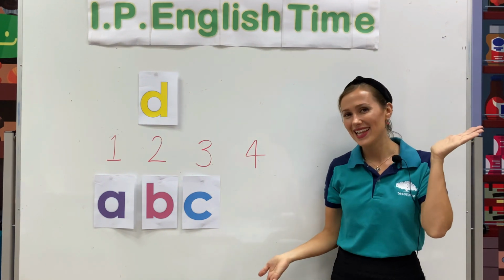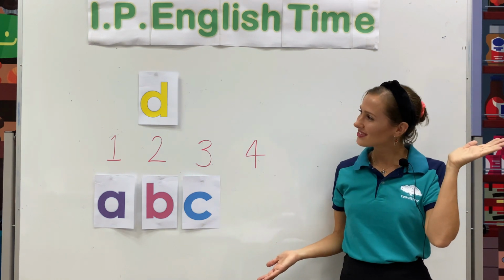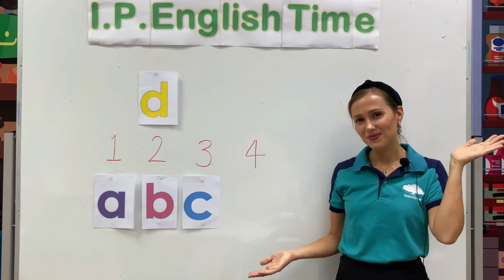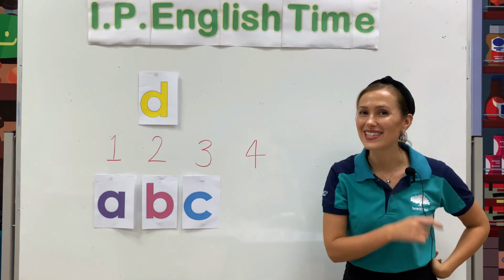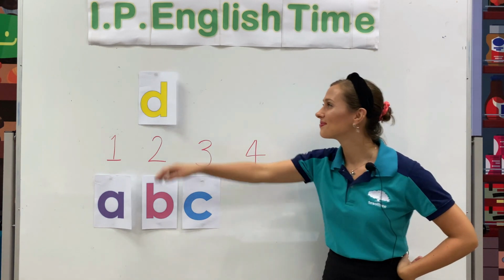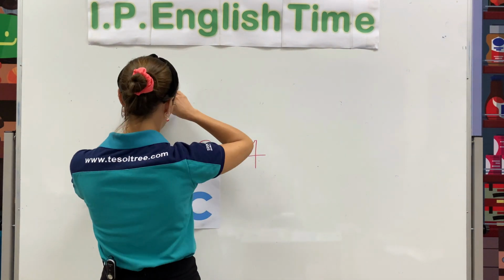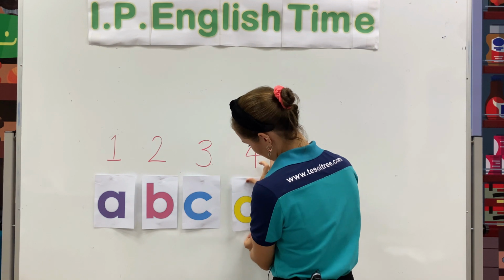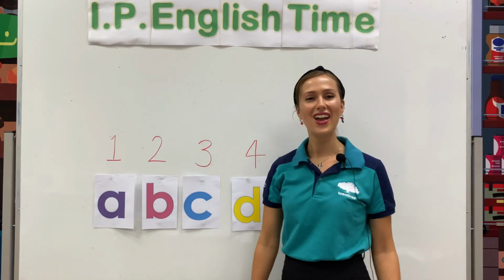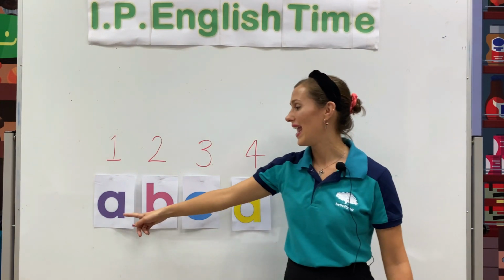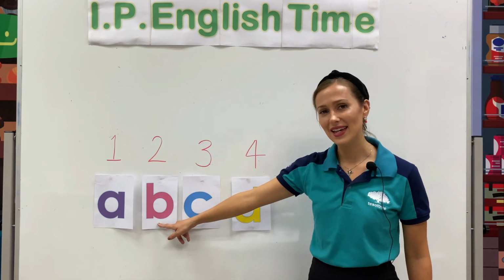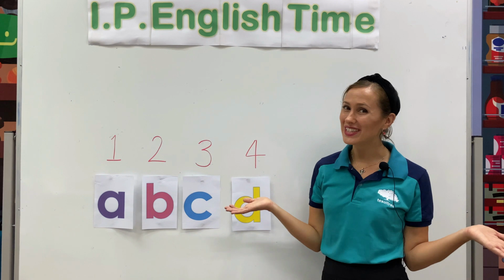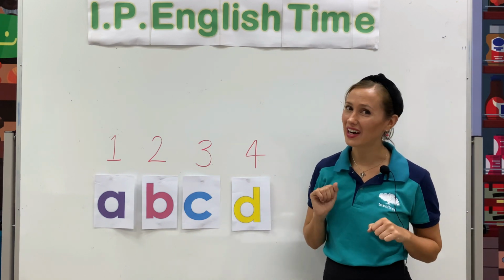What is the next letter? Yes, letter D. Okay, now we have A, B, C, D. We put the letters in the correct order.